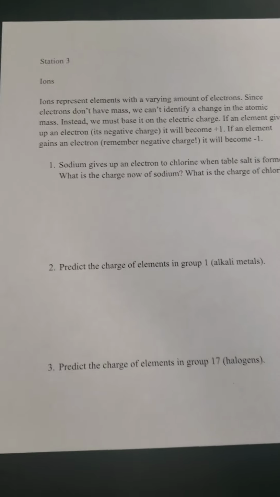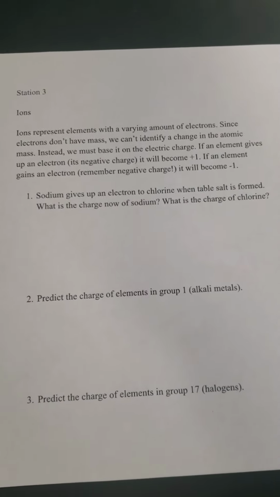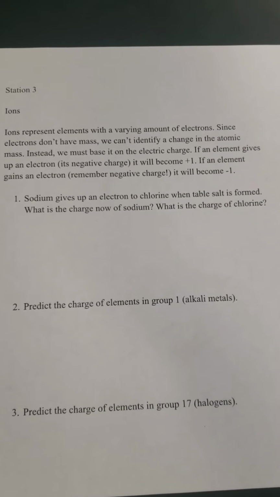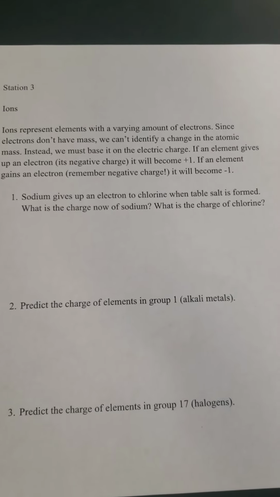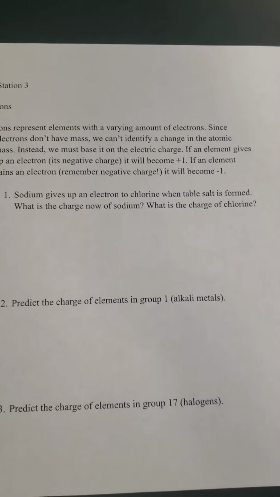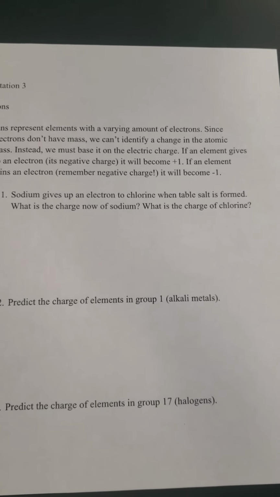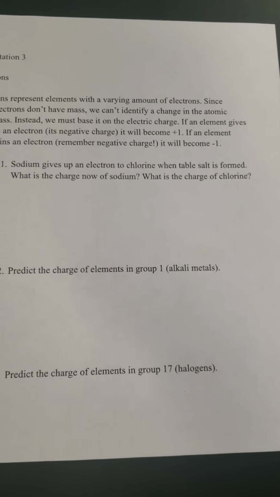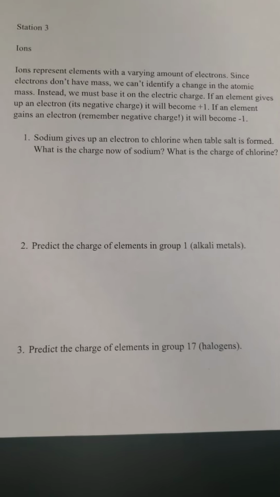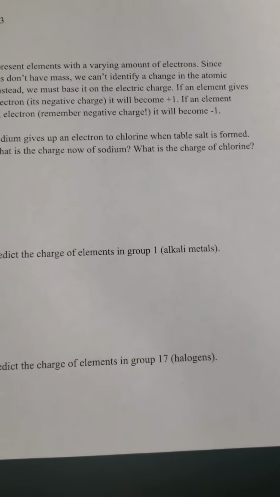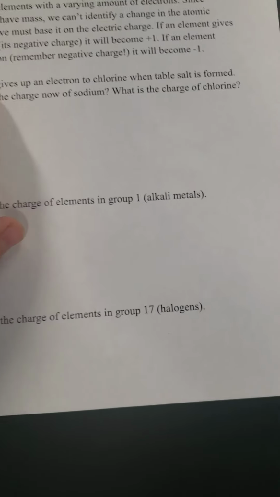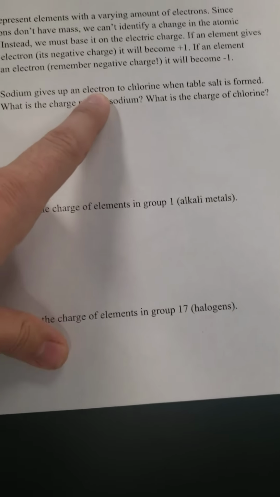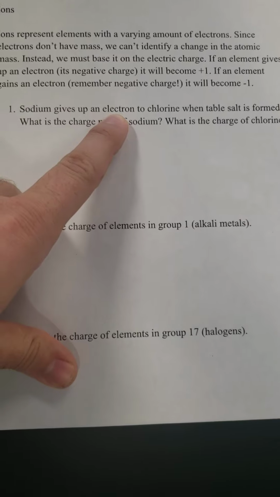All right, so number 1 says sodium gives up an electron to chlorine when table salt is formed. What is the charge now of sodium, and what is the charge of chlorine? So let's remember, what is it giving up? An electron, a negative charge. So if sodium gives up an electron, it's getting rid of one of its negative charges, right?